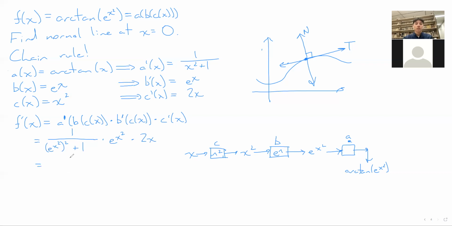So our big nasty derivative is 2x e to the x squared over e to the 2x squared plus 1. Actually, I'm going to consolidate it faster than that. All right, so that is the derivative.